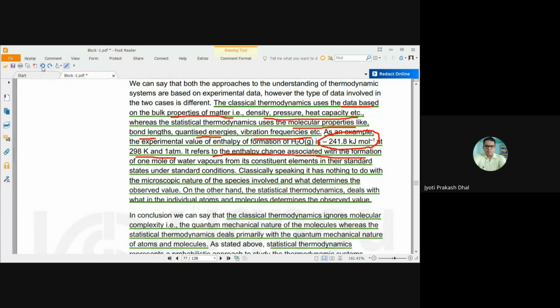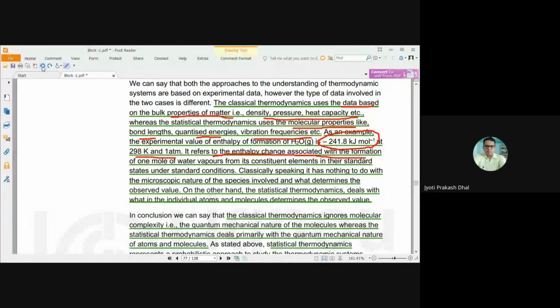That means this much energy will be released when water in gaseous form, or water vapor, forms from its constituent elements. The constituent elements of water are hydrogen gas and oxygen gas, and they should be in their standard state.